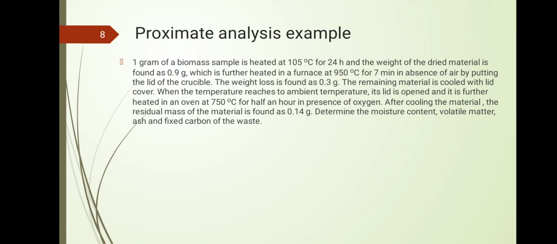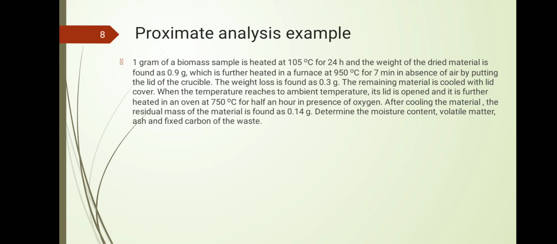The weight loss is found to be 0.3 gram. Then the remaining material is cooled with the lid on until it reaches ambient temperature. The lid is opened and it is further heated in an oven at 750 degrees Celsius for half an hour in the presence of oxygen. After cooling, the residual mass is found to be 0.14 gram. Determine the moisture content, volatile matter, ash and fixed carbon of this biomass waste.